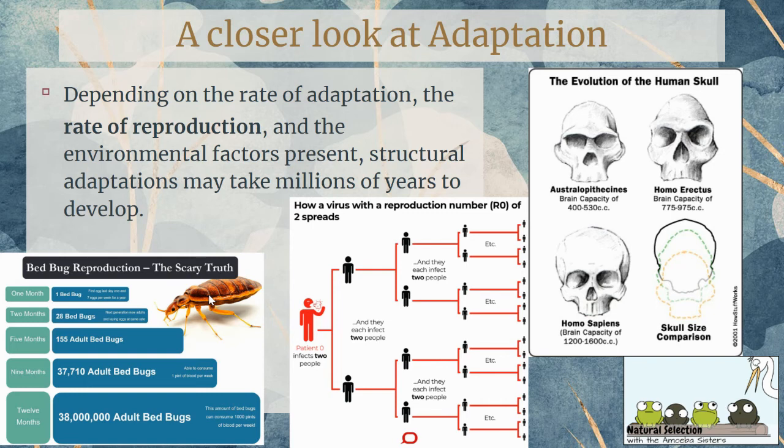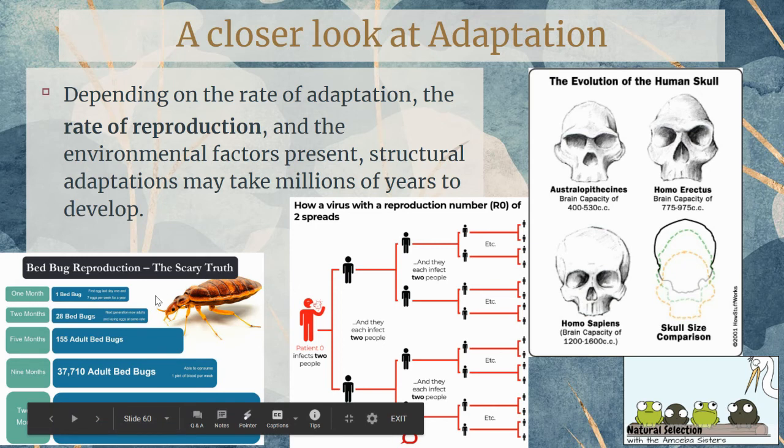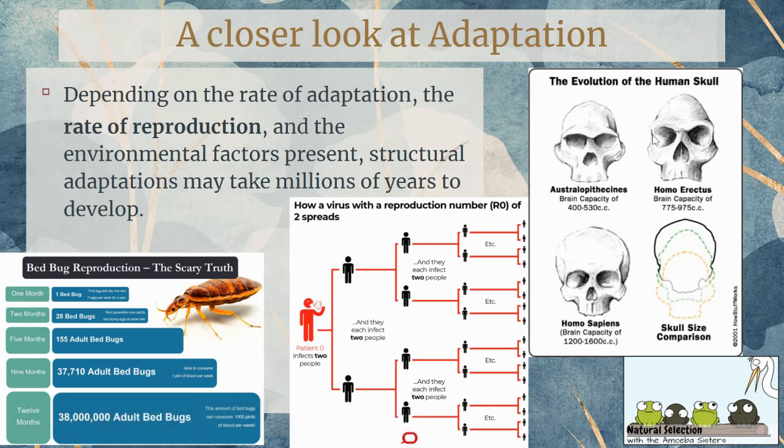Like one insect can lay thousands of eggs. So, you're going to actually be able to see evolution take place in these populations, whereas with humans we typically have a 9 to 10 month gestational period. The average rate of reproduction in humans is like 2.5. So it's going to take a long time to see structural adaptations in humans.